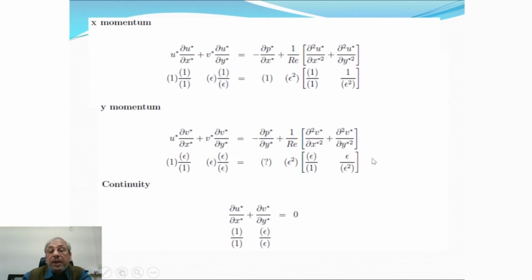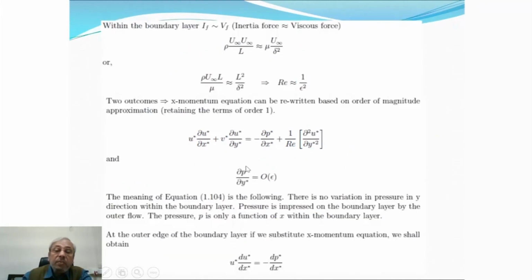So after multiplication, these terms become epsilon cube and this term becomes epsilon. So the highest order of this equation is epsilon. From here we can write del P star by del Y star is order of epsilon. Now the meaning of this is the following.